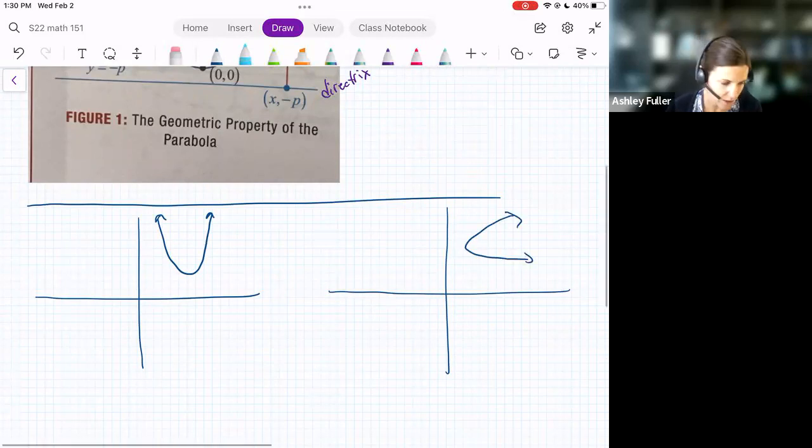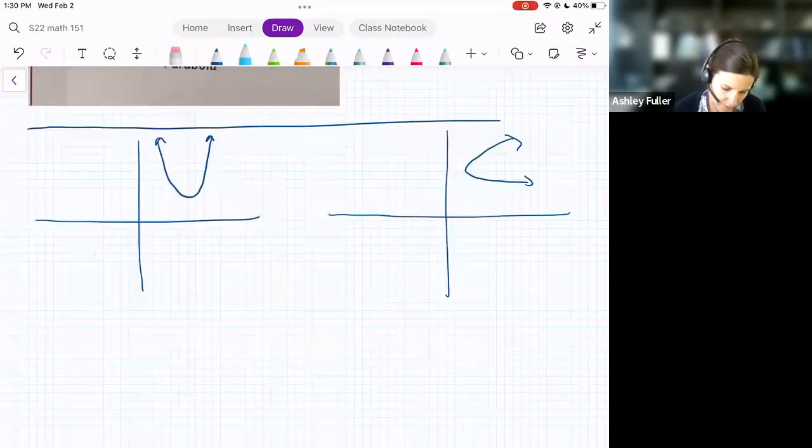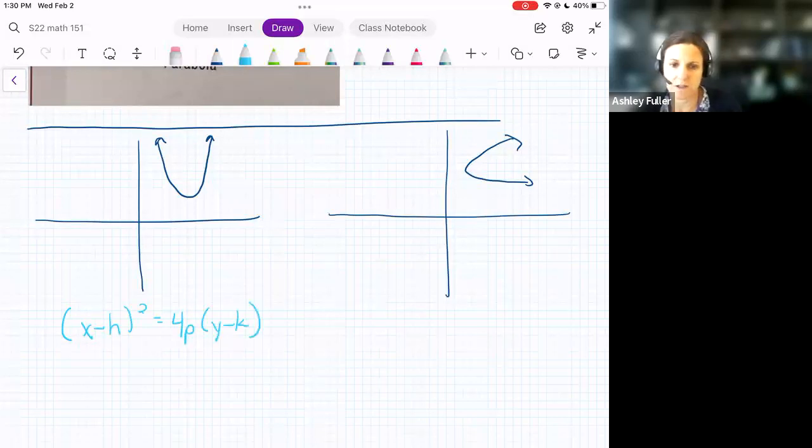The general equations for those are, if you're dealing with a vertical parabola, the x term is squared and the y term is not. These other values, this still helps you find the vertex, the h value being the x coordinate of the vertex.